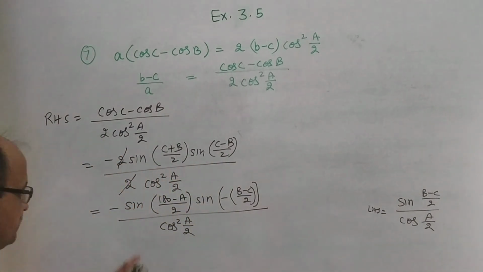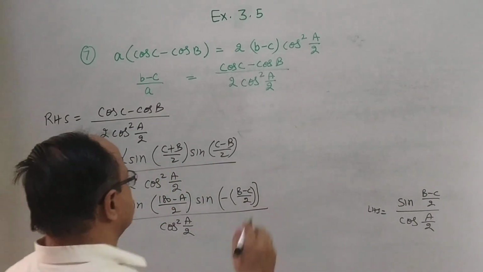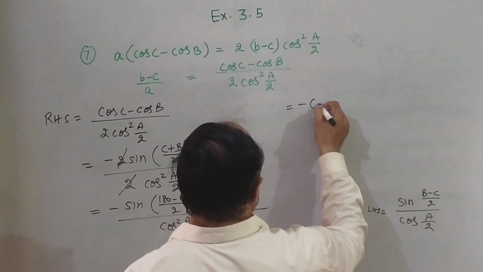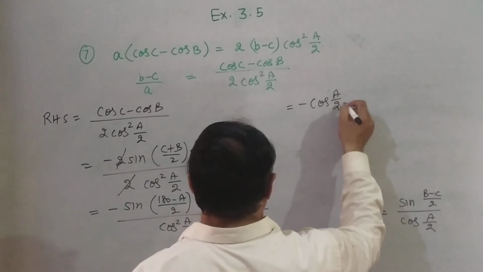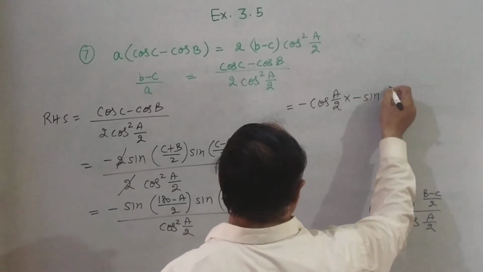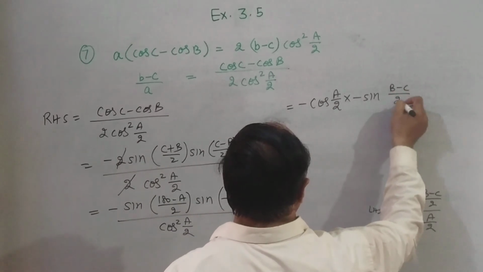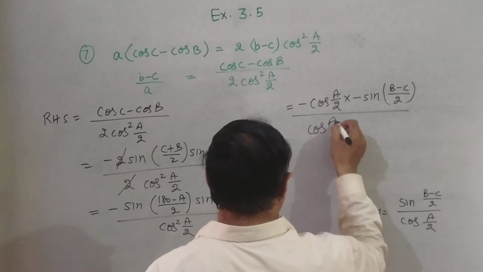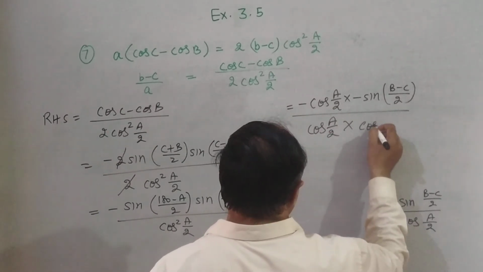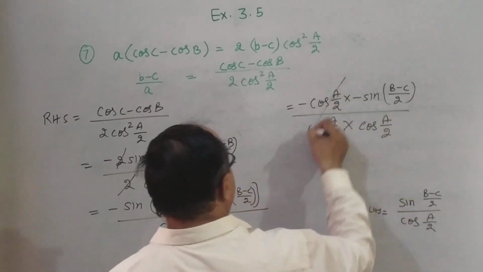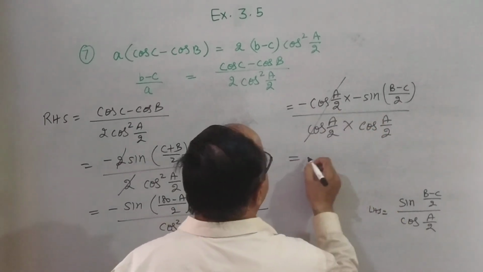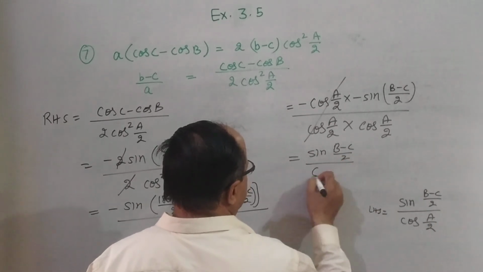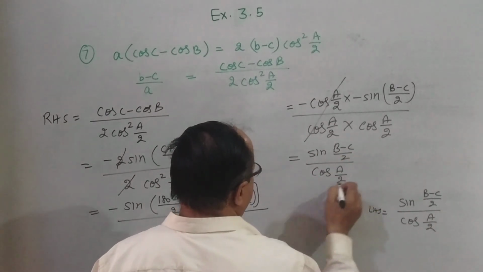Now same case here: sin (90 minus a by 2) is cos a by 2, and it becomes minus sin (b minus c) by 2 divided by cos square a by 2. You can write cos square a by 2 as cos a by 2 into cos a by 2. This will cancel. Minus into minus is plus, sin (b minus c) by 2 upon cos a by 2.